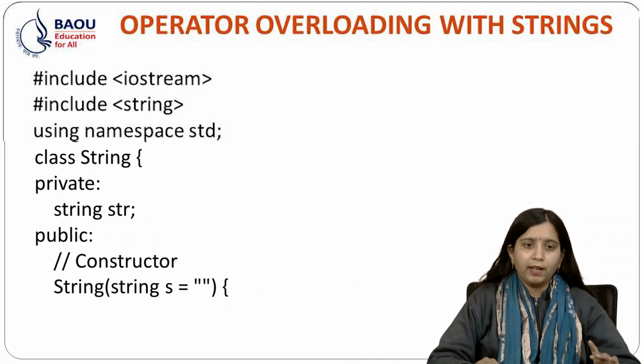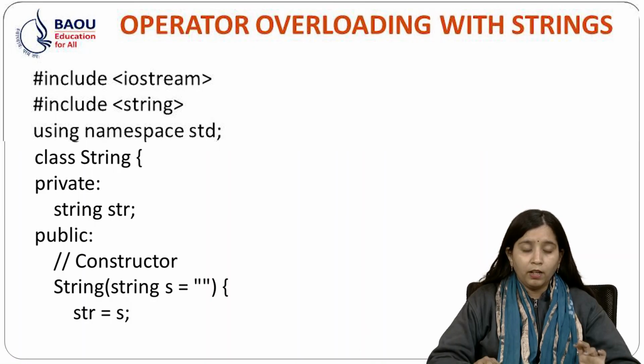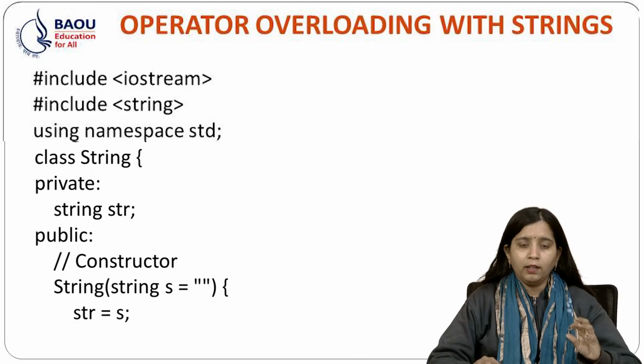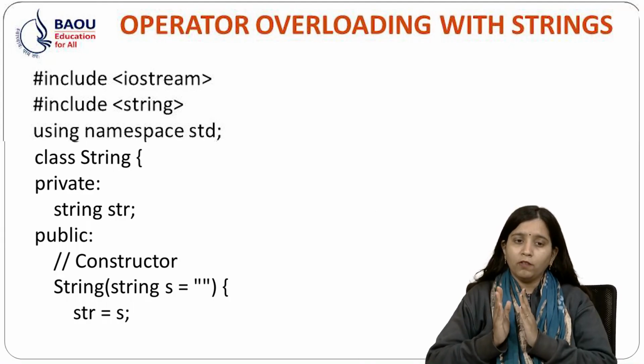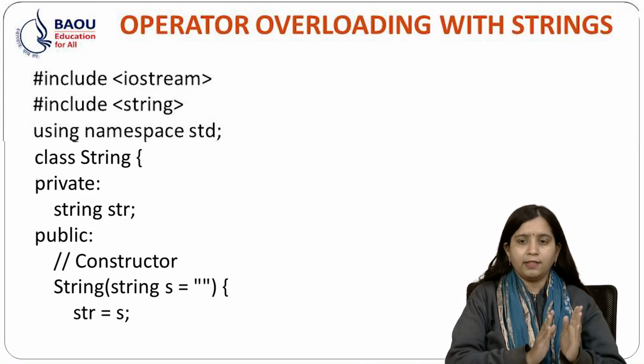In the class String I have defined one data member, str, with a string data type. In the parameterized constructor I pass the string s, which defaults to blank, and after that I store the value of s in str.